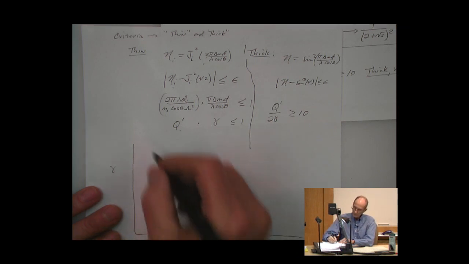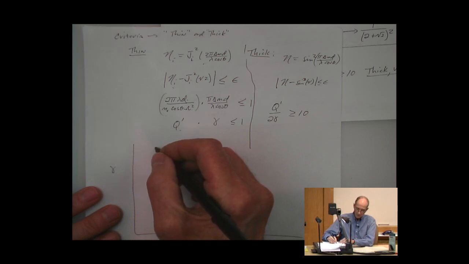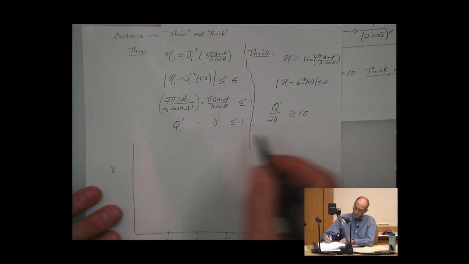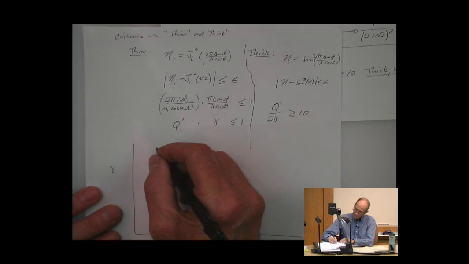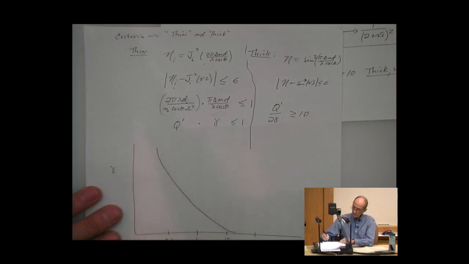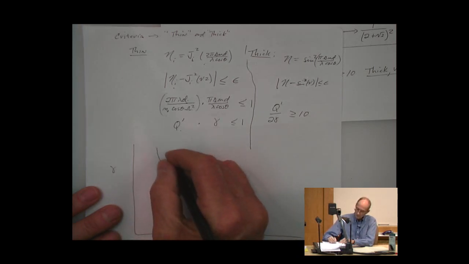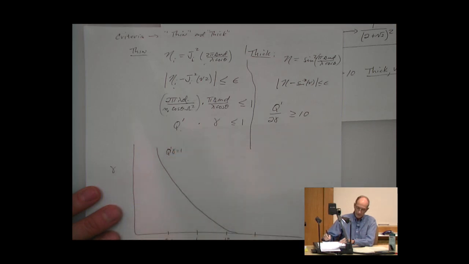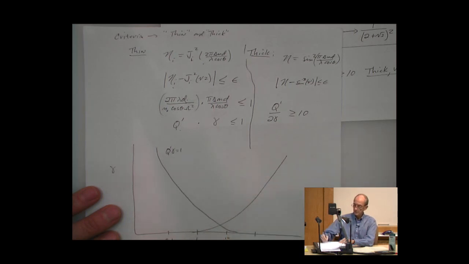Okay, and what they found was that they plot this product here, which is 1, and they get a curve that comes down like that. So this is for q prime gamma equals 1. And then they do this value where q over 2 gamma is equal to 10. And they got another plot that looked like this. Okay, so this is corresponding to that.